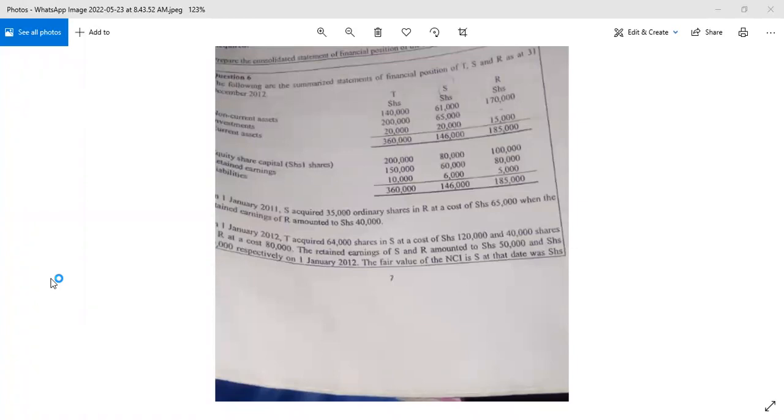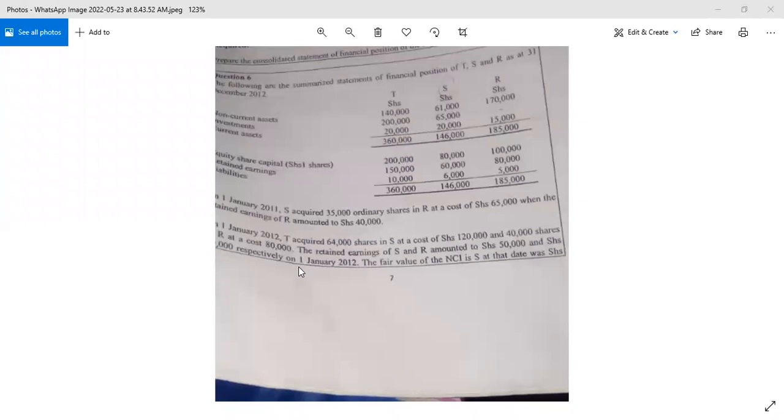Then on this very date, T also acquired 40,000 shares in R. So 40,000 shares out of the 100,000 is 40%. And it was on 1st January 2012.